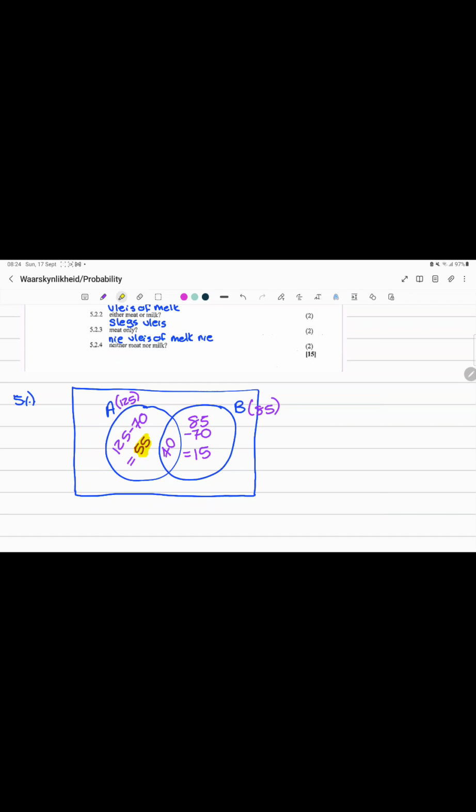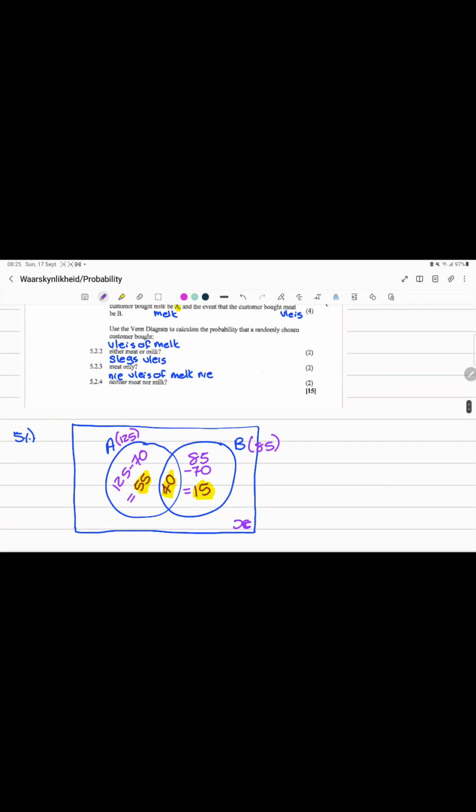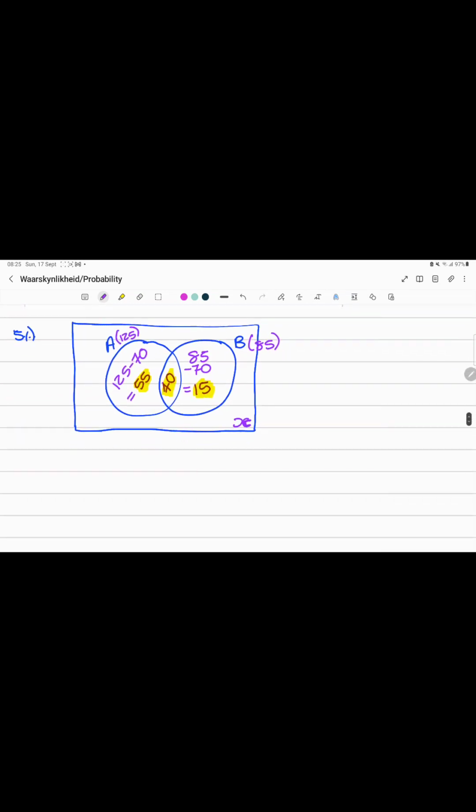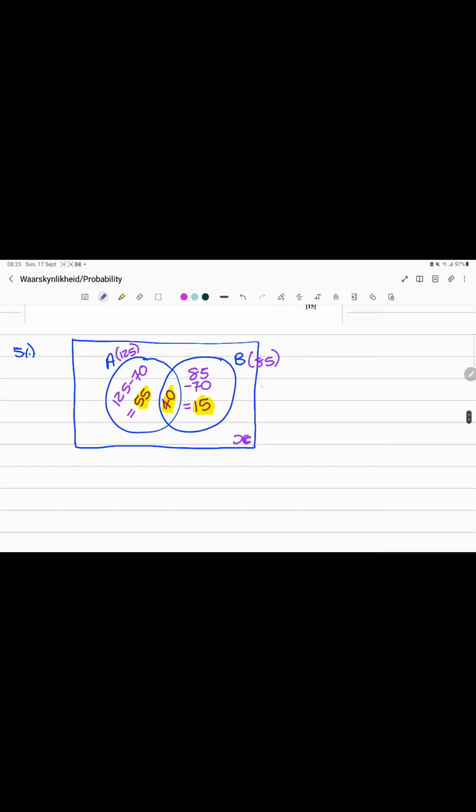What I'm highlighting in yellow are the values we are going to work with. But what's the one thing they didn't give us? They didn't tell us how many people buy neither. To calculate this, we use our formula. The formula is: the probability of A or B equals P(A) plus P(B) minus P(A and B).